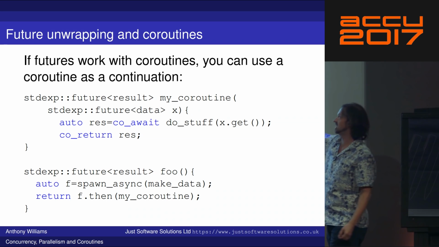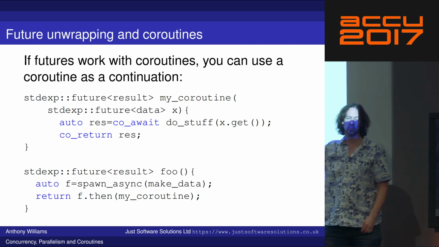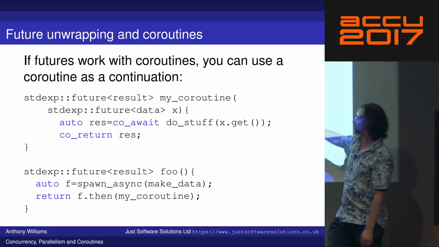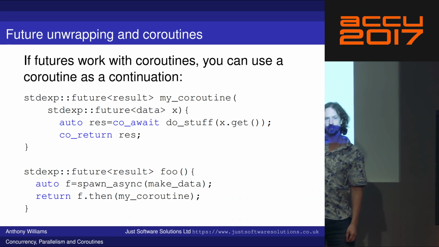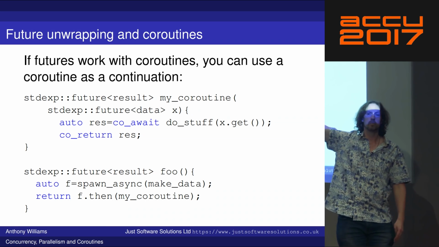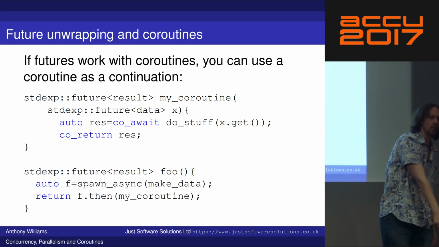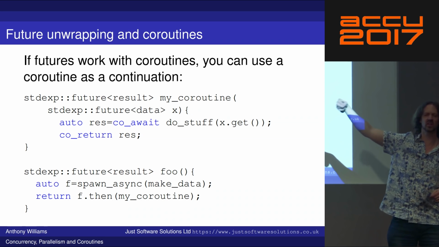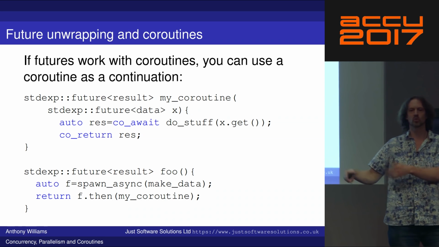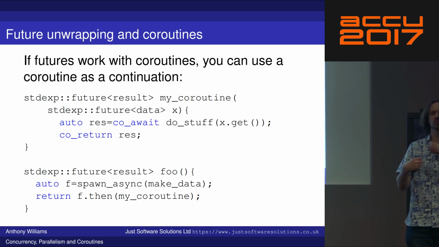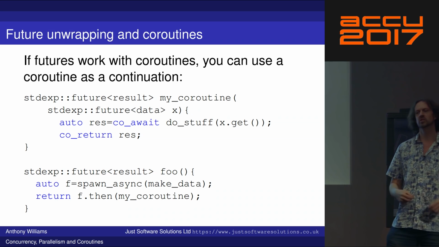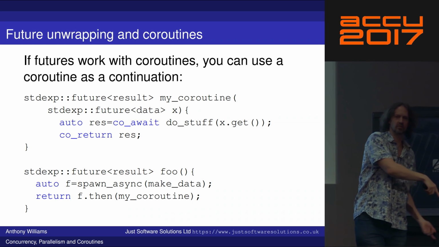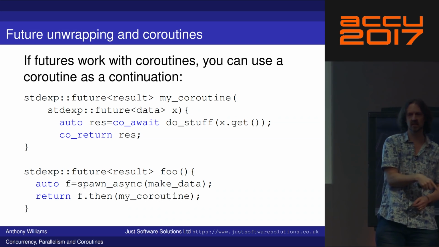And what will happen is the really nice feature of continuations, which I didn't mention earlier: if the continuation function returns a future directly, then the return from the then call is not a future of a future. Whereas if your continuation function returned an int, then the return from your then call is a future for an int. But if your continuation function returns a future, then you don't get a future of a future from your then call, because that's just messy.